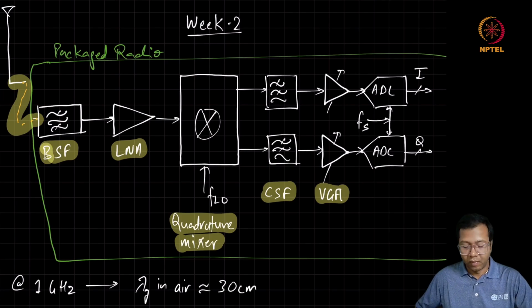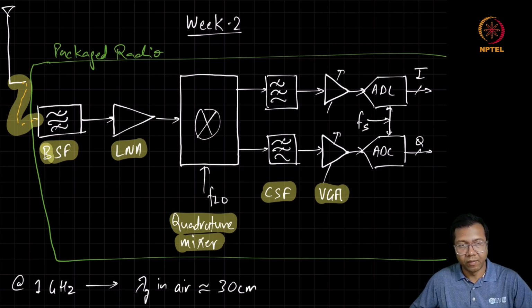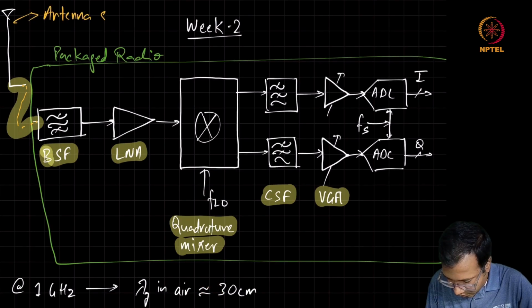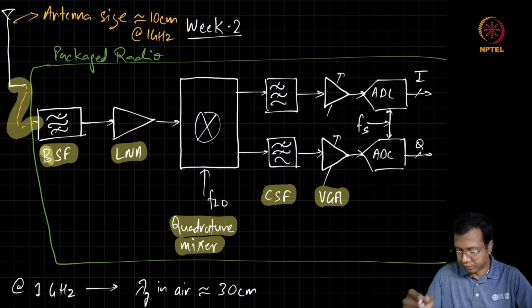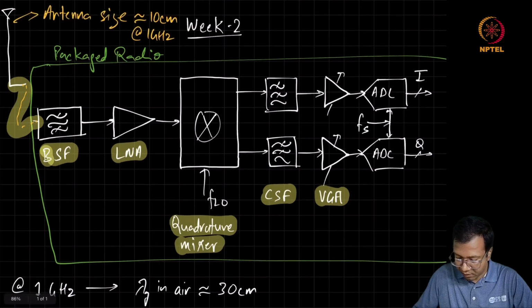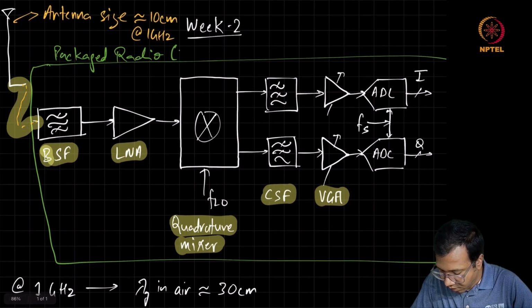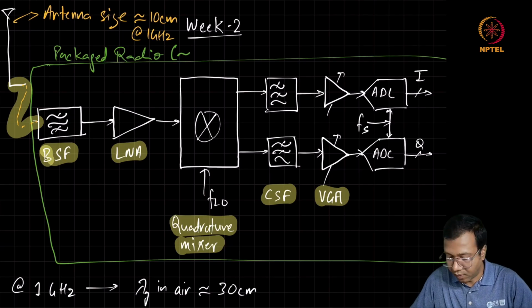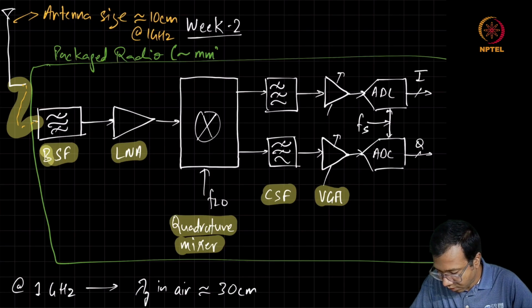Which means the antenna will be of the order of some tens of centimeters. Whereas this entire packaged radio can fit in an area which is of the order of a few millimeters square.